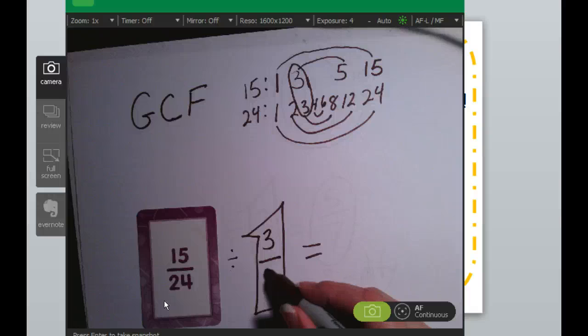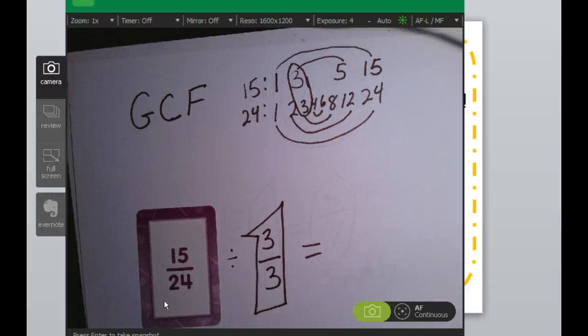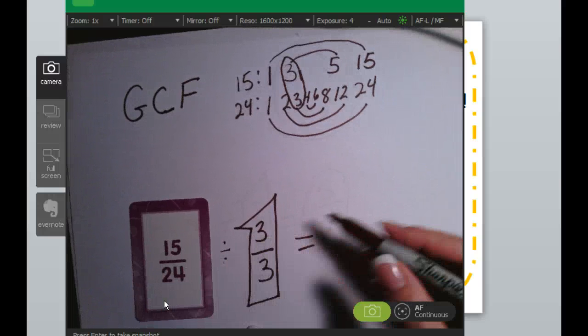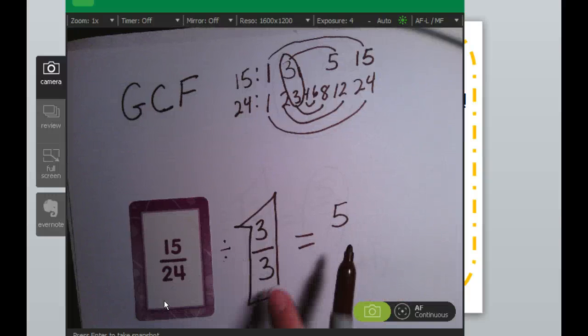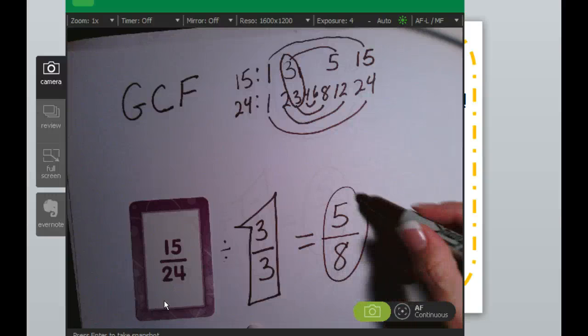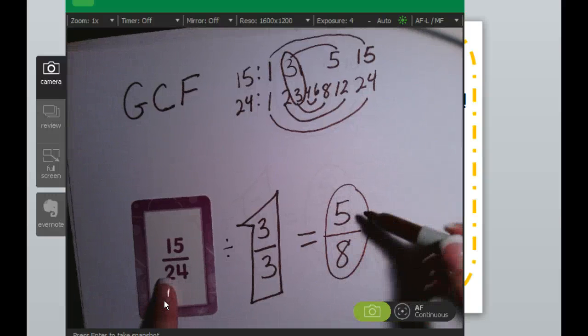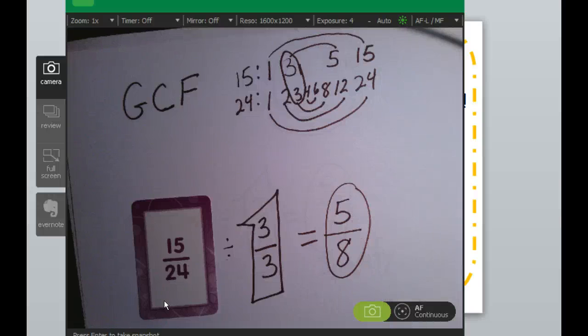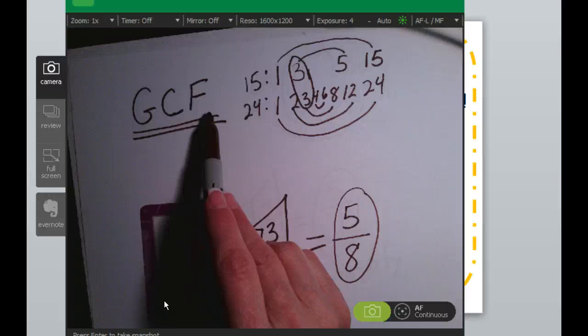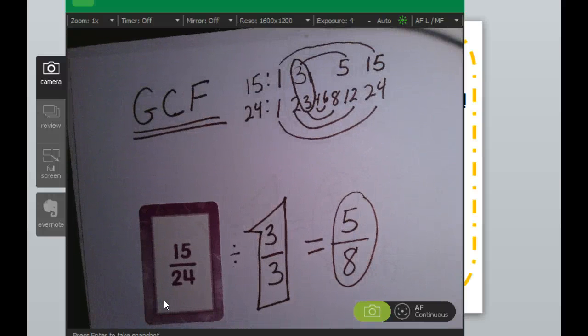So I can divide the numerator and the denominator by 3/3, which is the same as 1, and 15 divided by 3 is 5. 24 divided by 3 is 8. 5/8 is equivalent to 15/24, but it is definitely much easier to add, subtract, multiply, and divide by 5 and 8 than 15 and 24. So we always want to find the greatest common factor, or GCF.